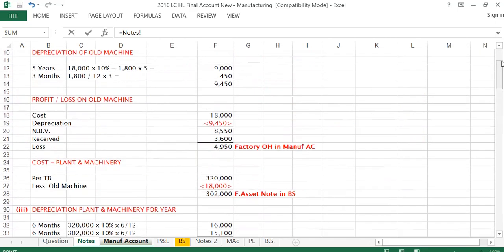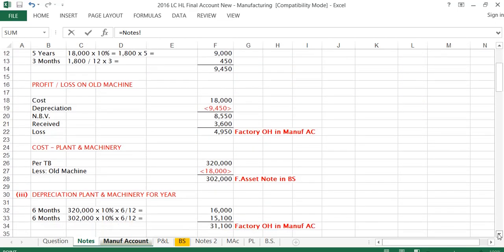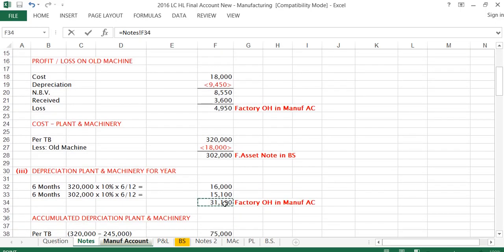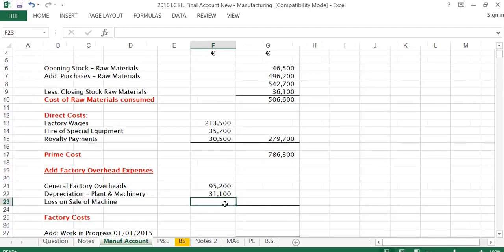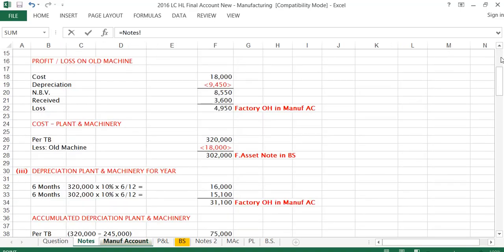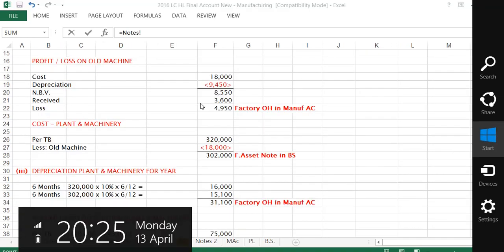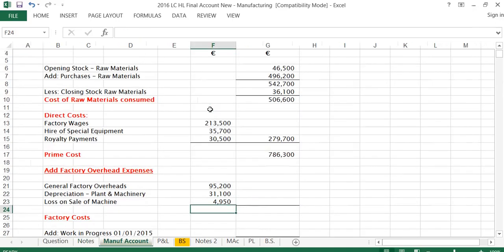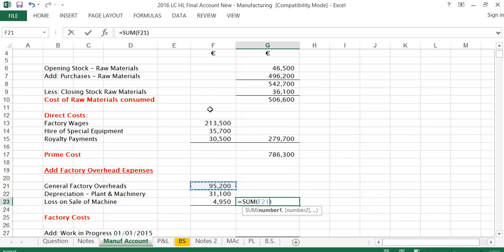So depreciation of plant and machinery from note 3 is 31,100. I had a loss on sale of machine, which again was coming from note 2 as far as I remember. Loss on sale of machine 4,950. So in total, those factory overhead expenses come to 131,250.